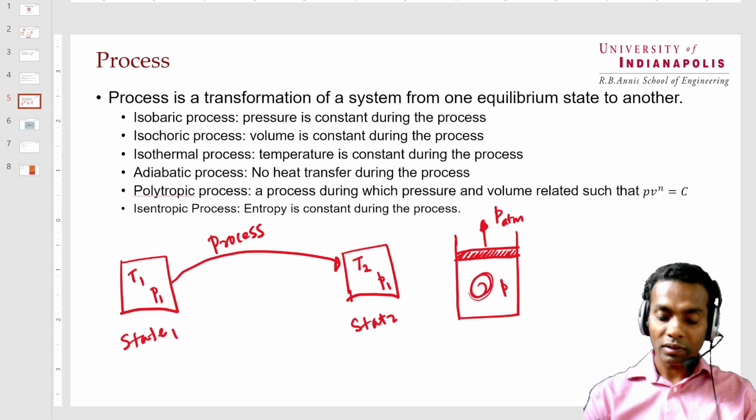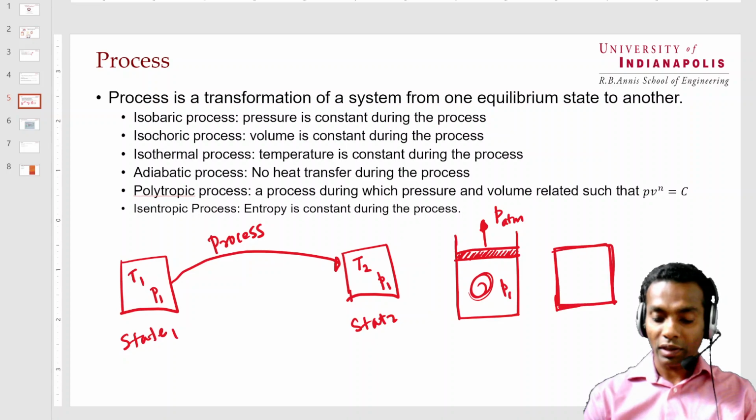An isochoric process is where the system has a constant volume. For example, a rigid tank, right? If you have a closed container with Coke, its volume is always constant, even though its temperature changes. The volume does not change significantly. So that's called an isochoric process. And isothermal process, some processes are where the temperature does not change at all.